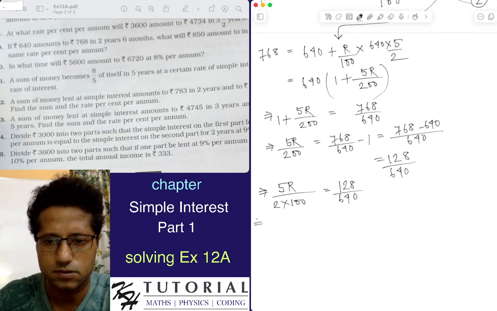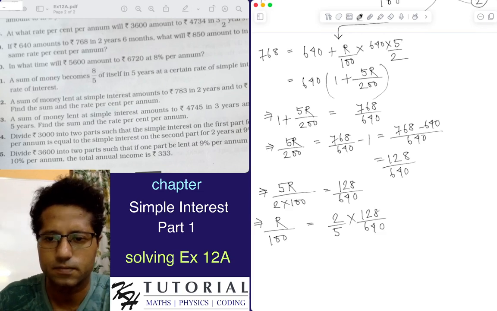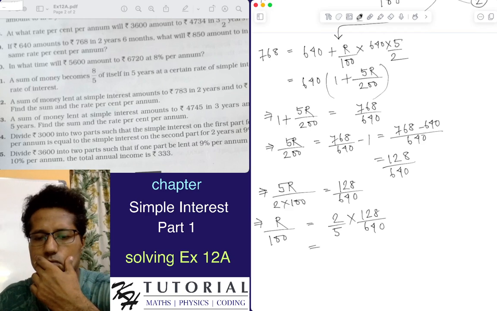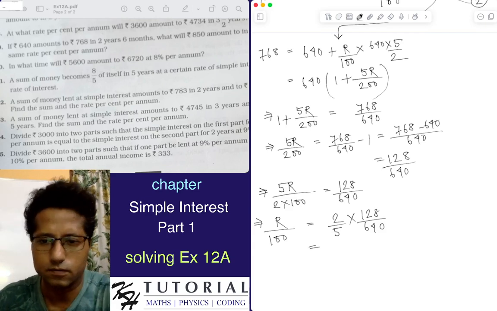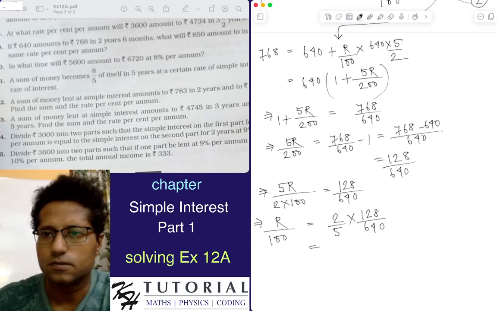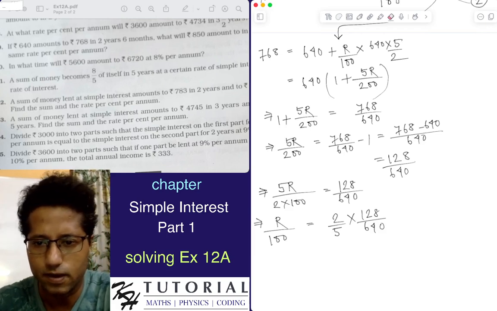Now this implies R by 100 equals 2 by 5 multiplied by 128 divided by 640. I'm not evaluating this to a single value as of yet. Now we have this R by 100.